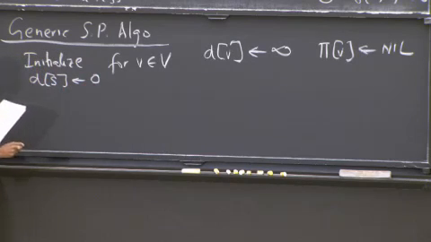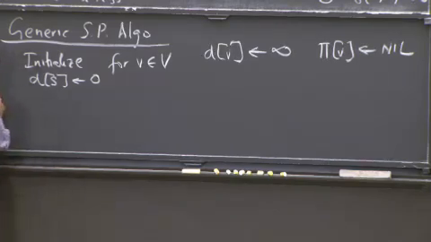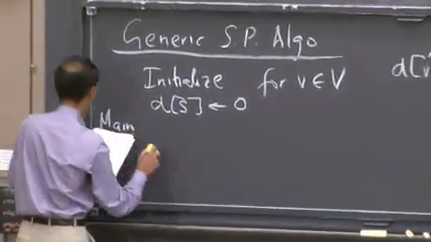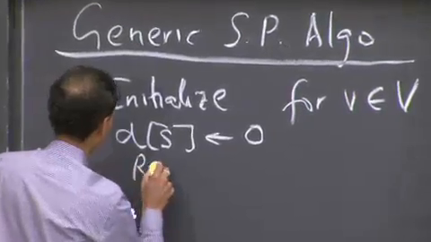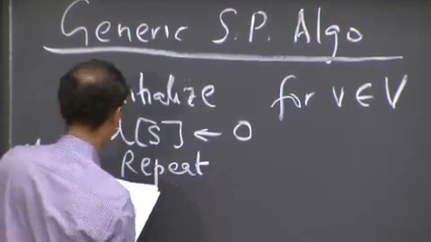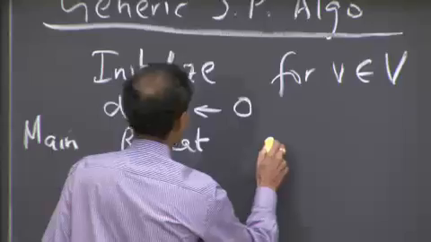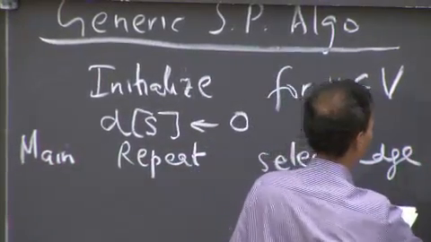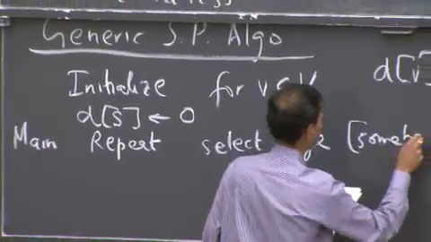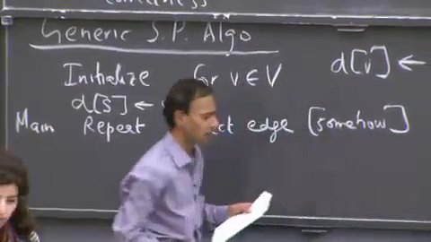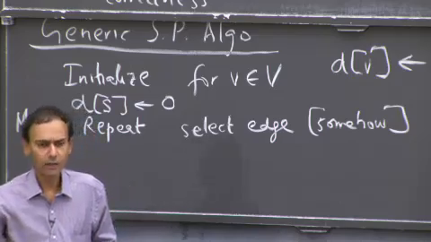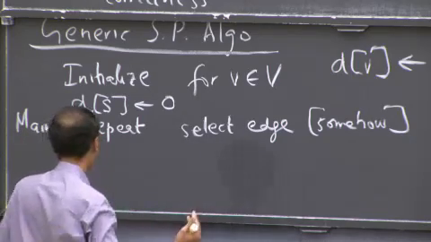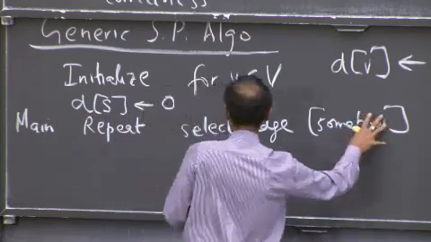That's your source. And the main loop would be something like repeat: select an edge, and we have a particular way of selecting this edge when we have positive edge weights that corresponds to the minimum priority. And we talked about Dijkstra, but we have maybe different ways of doing that.